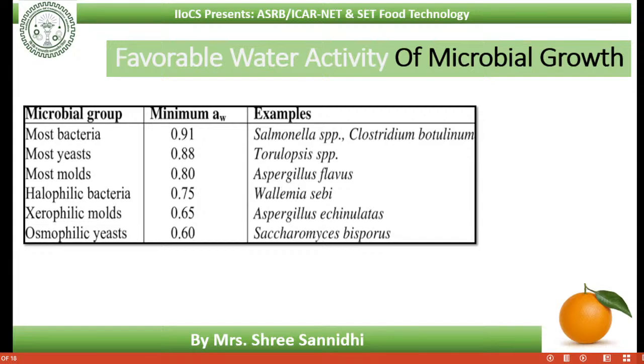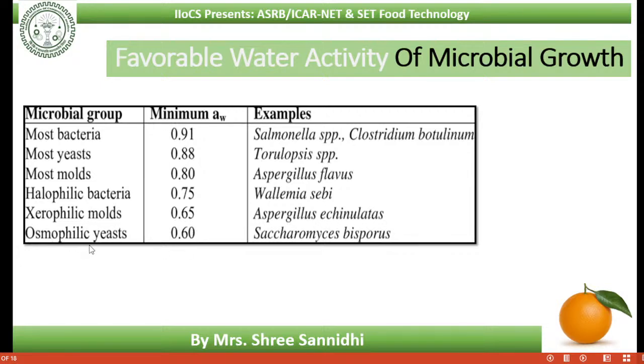And then for halophilic bacteria, so they are basically the salt loving bacteria, they need around 0.75 of water activity, example Walamias AB. Then xerophilic molds, which can grow in low temperatures, require water activity of 0.65, and example is Aspergillus aculeatus.